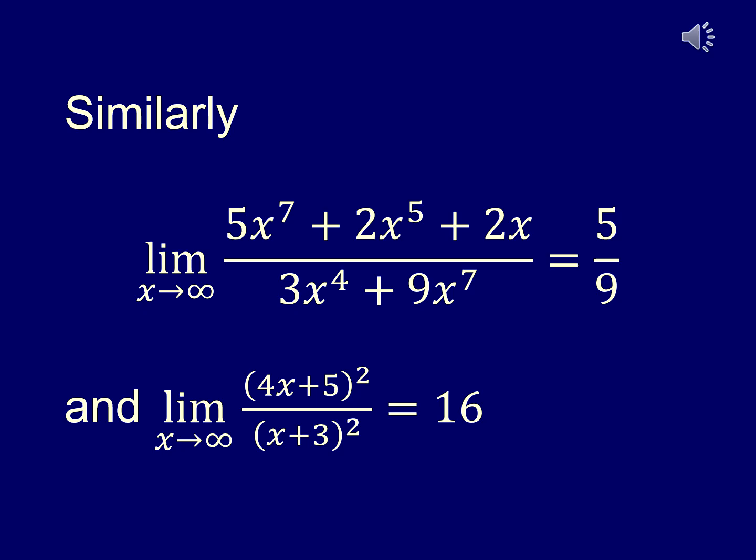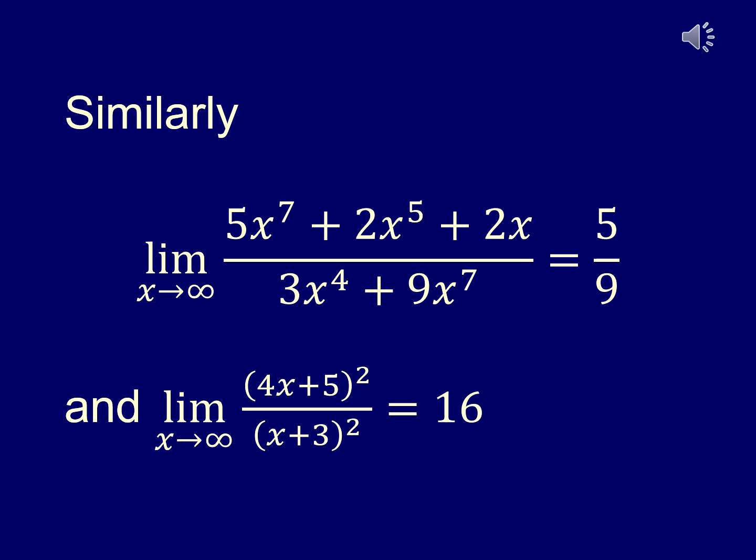And here's 2 other examples, and they're both here to make a couple of points. If you look at the top one, you'll notice that the biggest exponent, top and bottom, is 7. But the bottom's written backwards, and it's telling you there that you need to be careful what you look at.